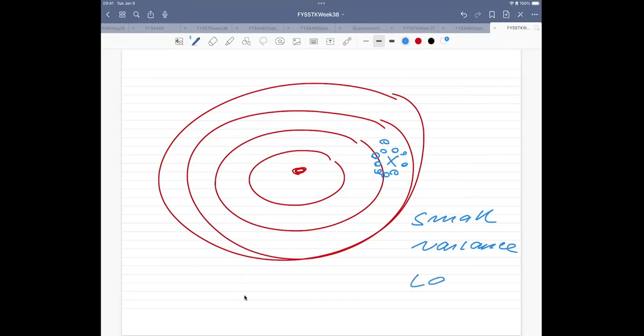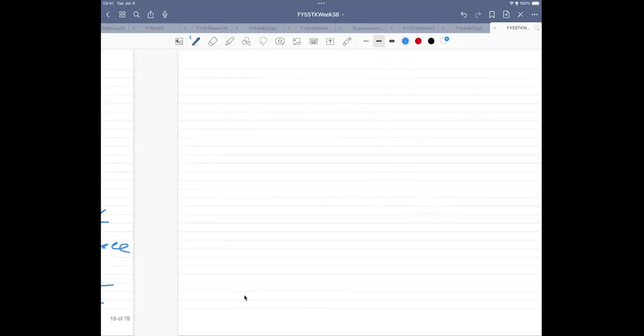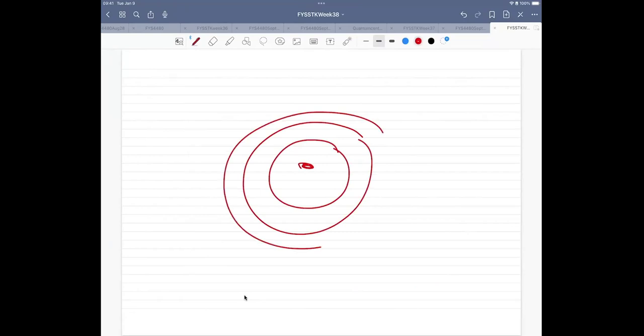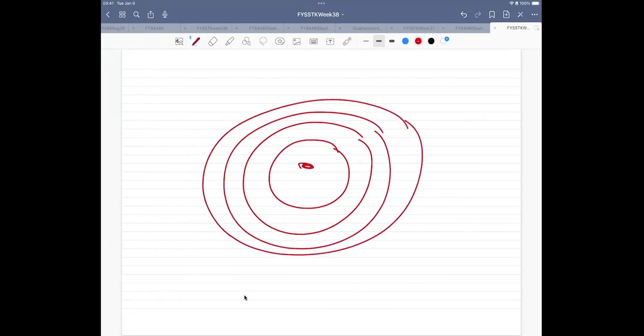So this is large bias. So the ideal situation which we want to have, let me set up that one before we now look at the Jupyter notebook and we end there today. So the ideal situation is actually this one, and then all observations are here. So then we would say that we have a model which has a low variance and low bias.